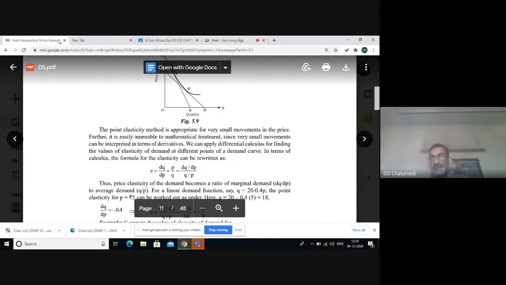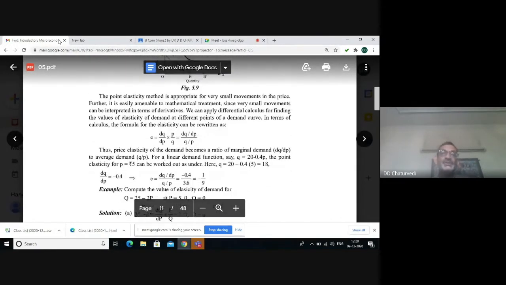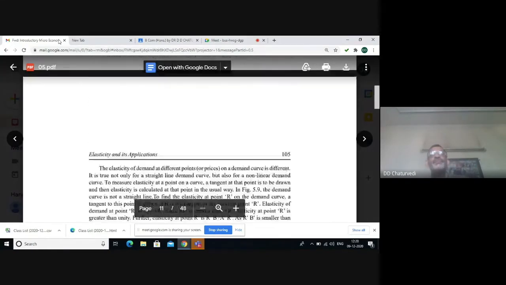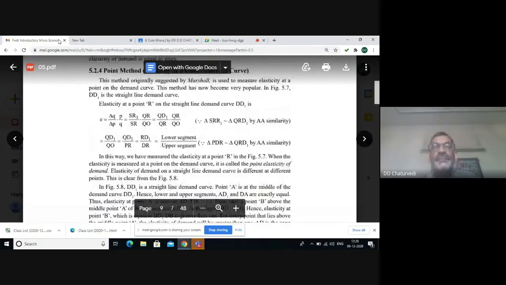The elasticity of demand is given by delta Q upon delta P multiplied by P upon Q. Now here P is price, Q is quantity. So P upon Q is the price quantity ratio. The other part of the elasticity of demand is delta Q upon delta P, that is change in quantity divided by change in price, or derivative of quantity with respect to price.